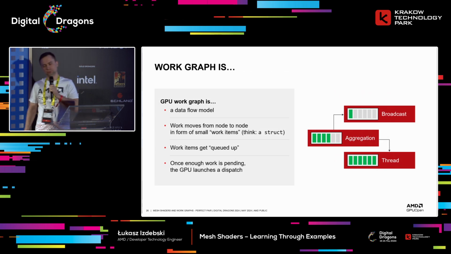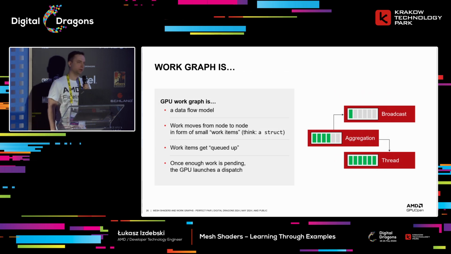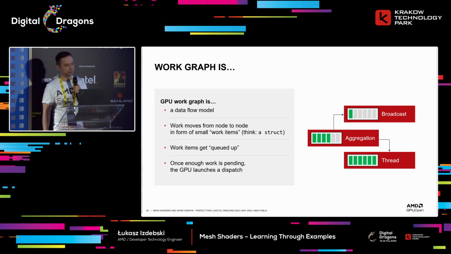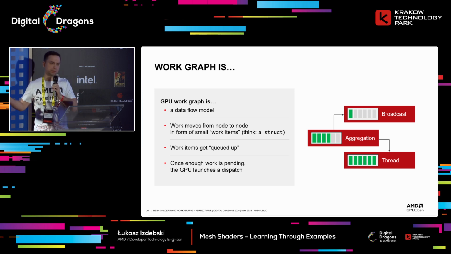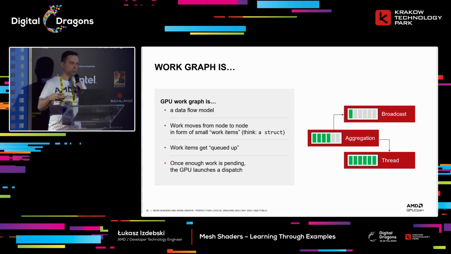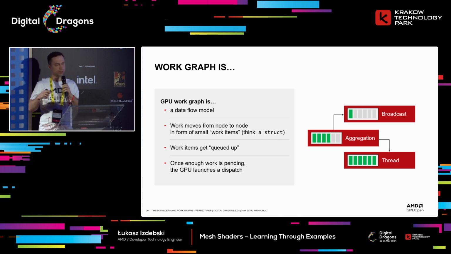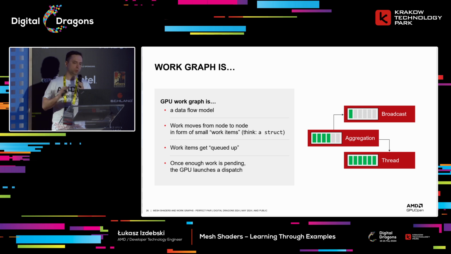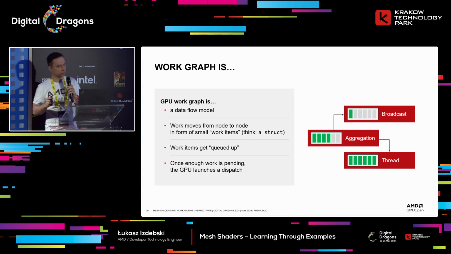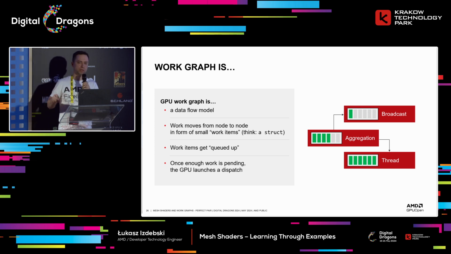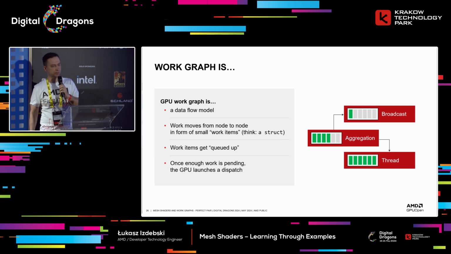So you can think of work graphs as a data flow model. When data comes to the node, it executes and transforms it, for example, and the node can create work for a child node. When you queue it to the virtual queue, the GPU itself will decide when to launch the next node in the work graph.